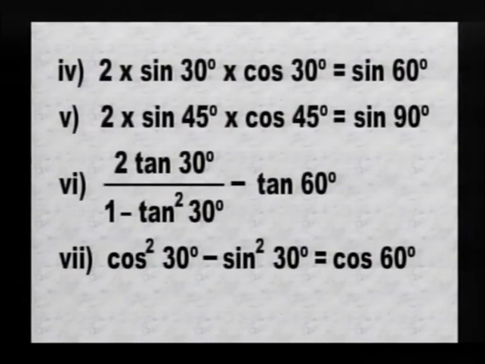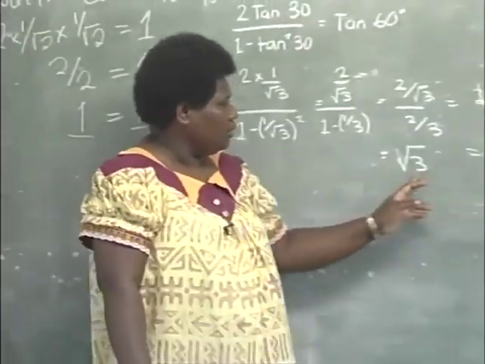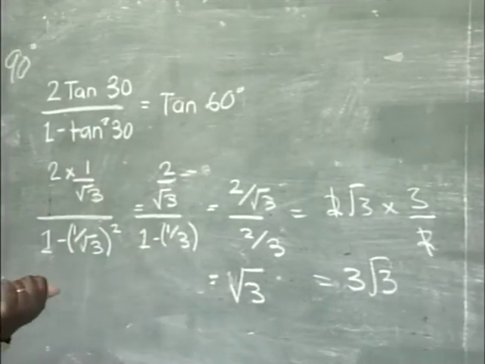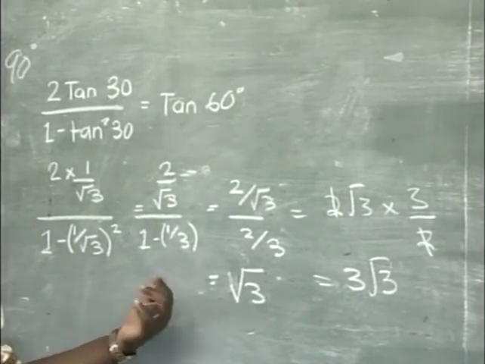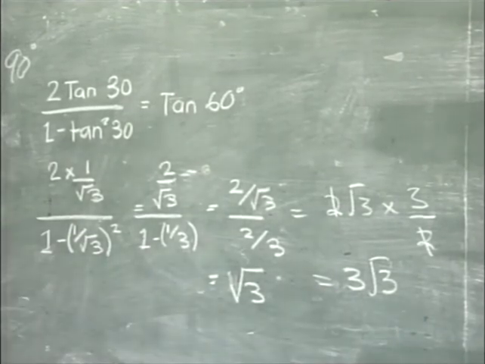It doesn't say equal to. Okay, I think there's something wrong with that question, because this one should be 3 root 3, not root 3. Even then, if you say it's equal to tan 60, then you have to say that it's not equal to, because this is root 3 and this is 3 root 3. So the question, I think, is wrong.